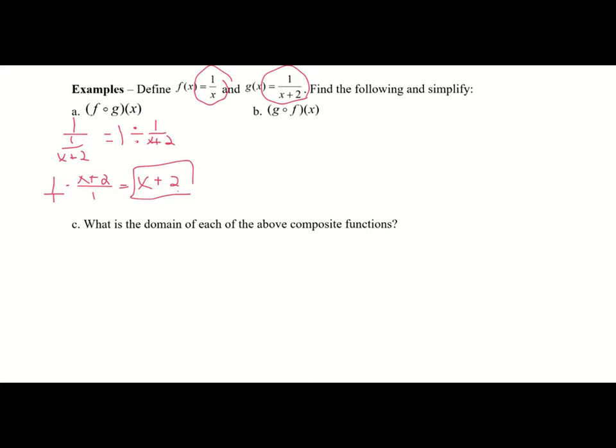Now for g composed with f, g is 1 over x plus 2. But instead of this x, I'm going to put in 1 over x plus 2. And for this one, because we have that expression there, we could either add those fractions on the bottom, or I'm going to clear my equation of the fractions.